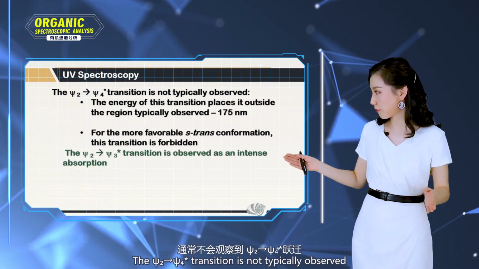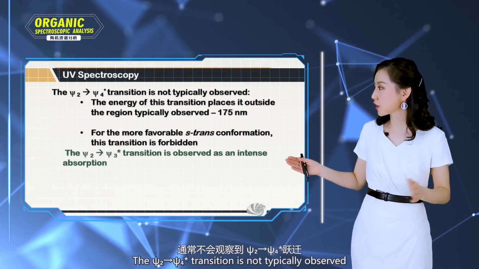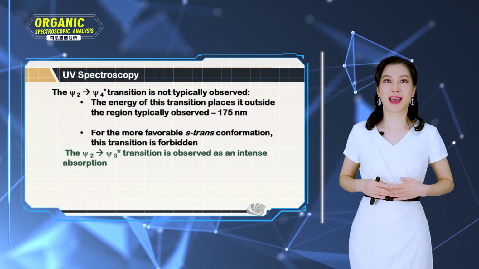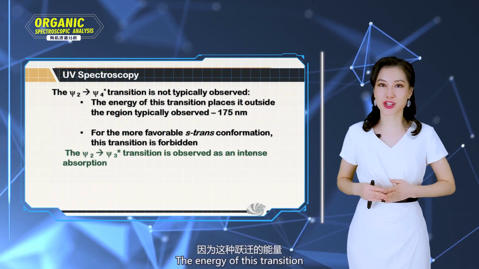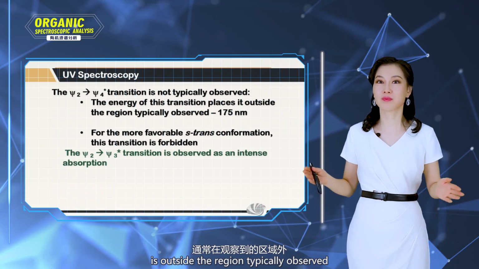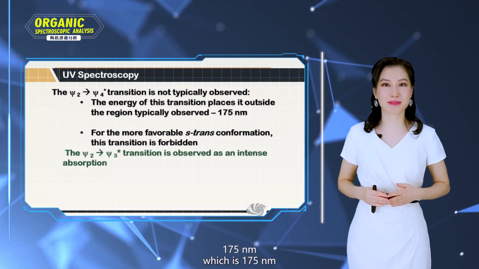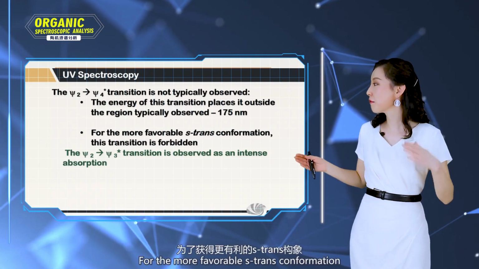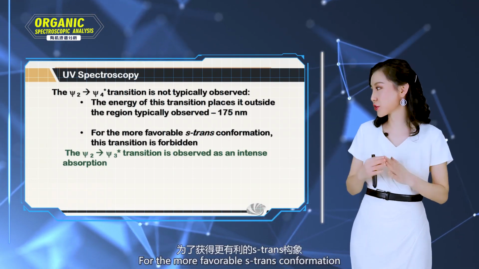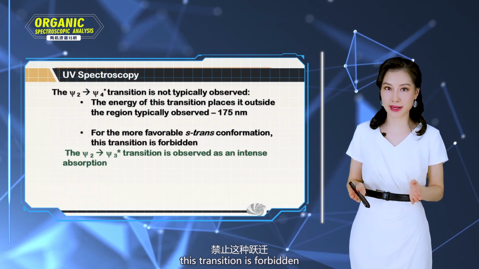The pi 2 to pi 4 star transition is not typically observed. The energy of this transition is outside the region typically observed, which is 175 nanometers. For the more favorable s-trans conformation, this transition is forbidden.